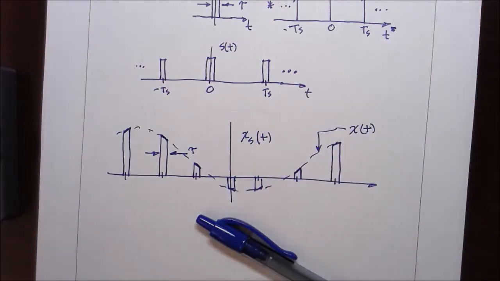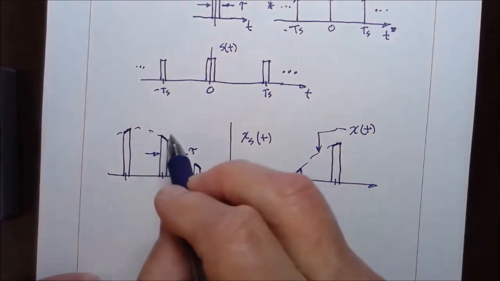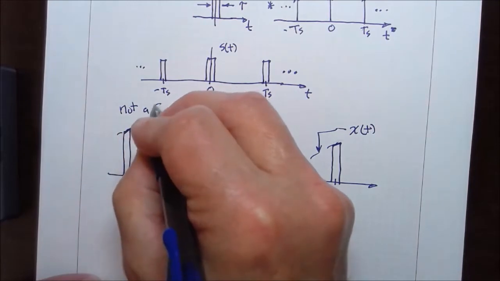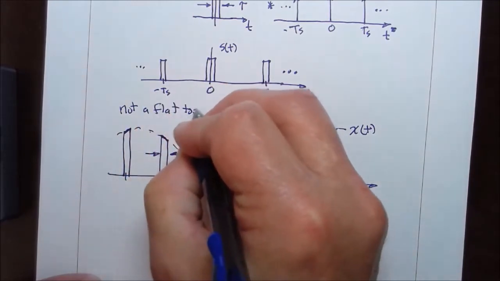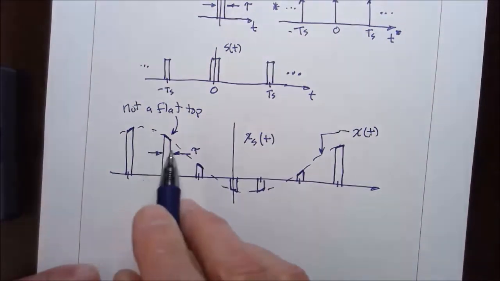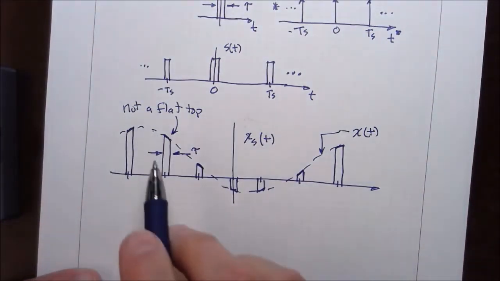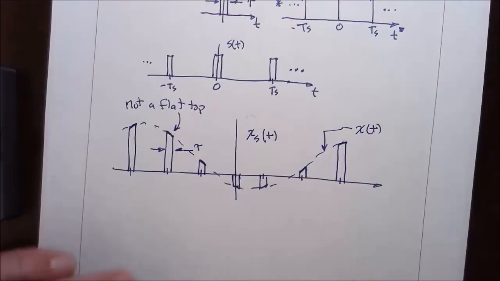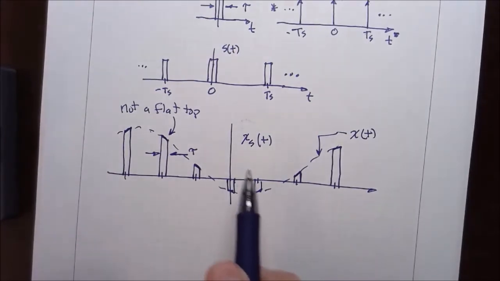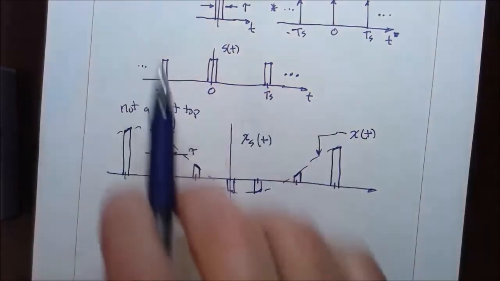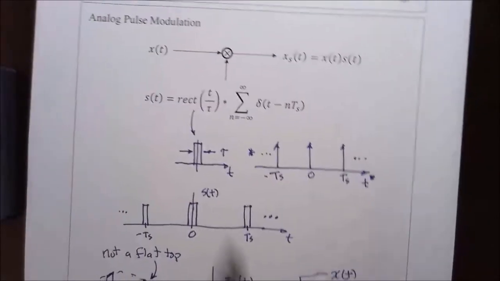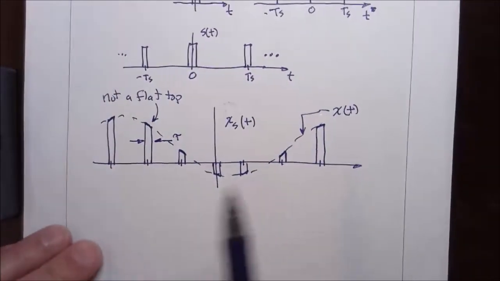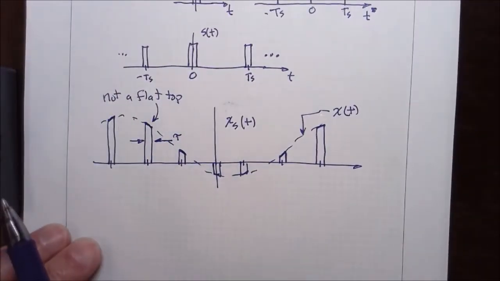Now the tops of these rectangles, this is not a flat top. It takes the shape of the message signal, centered at the location of each one of these rectangles. So this is the analog pulse sampled version of a sampled signal.